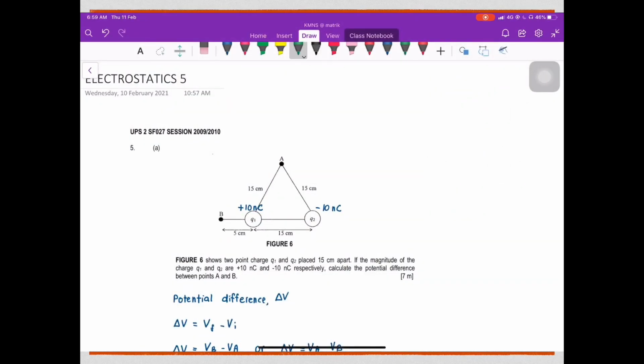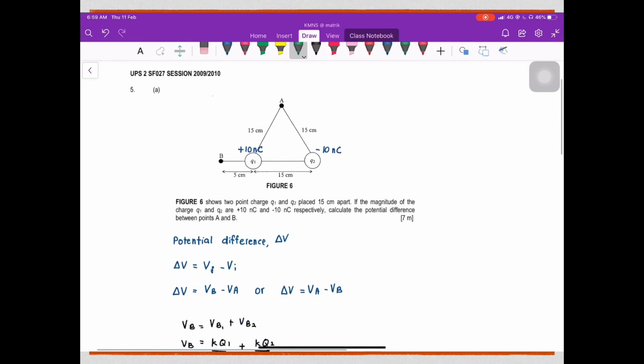Next, for question number 5. Figure 6 shows two point charges Q1 and Q2. Actually, this one must be capital Q1 and capital Q2, placed 15 centimeter apart.